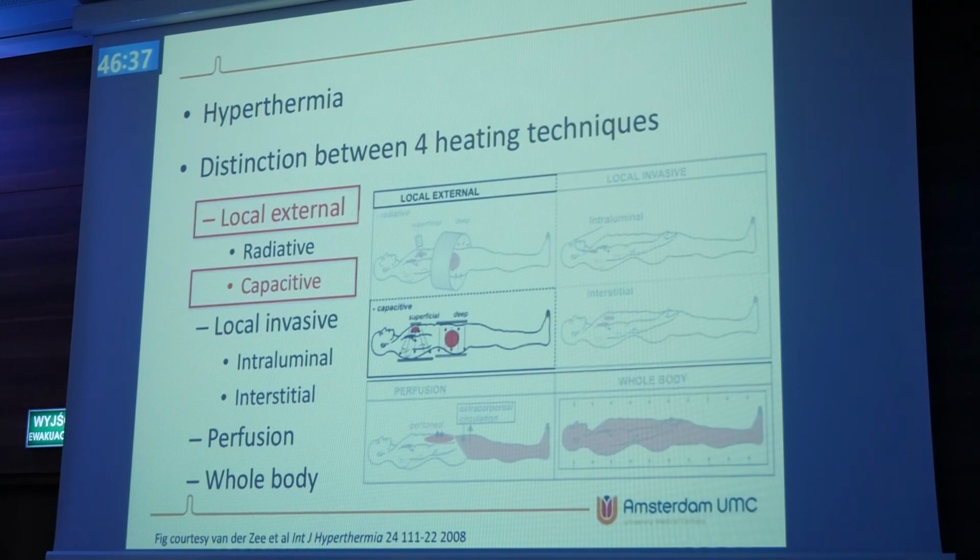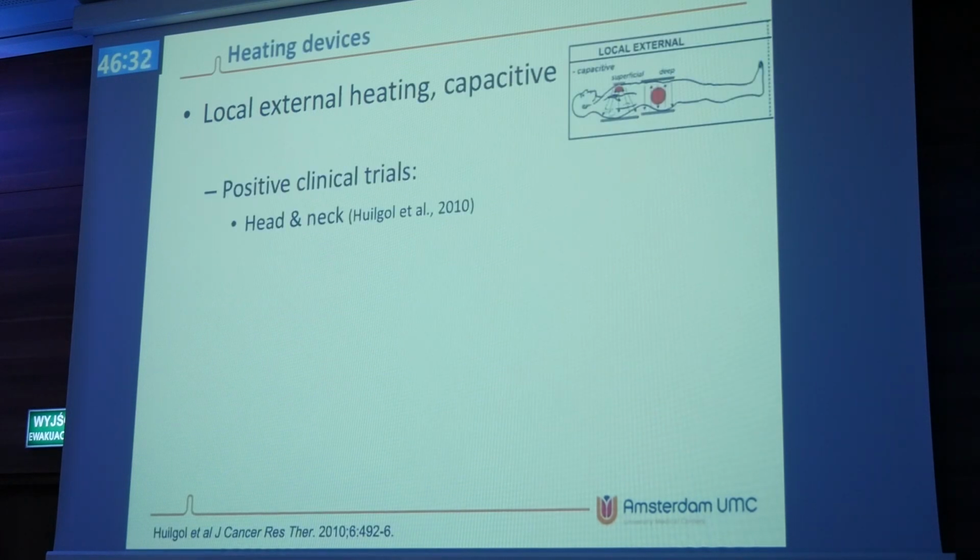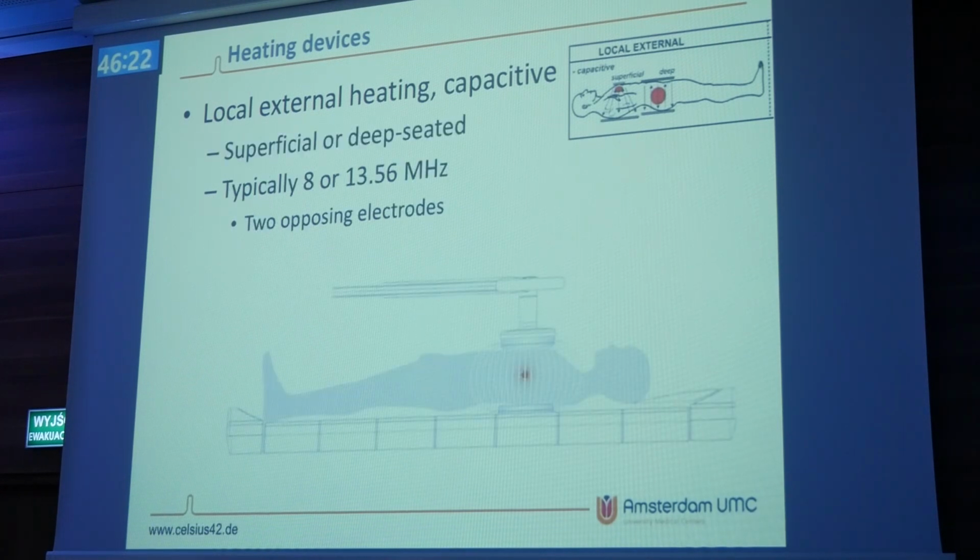The same can also be used with capacitive systems. So there have been positive clinical trials for those. The most recent one was the one for head and neck tumors by Hilgol. And basically these systems use 2 electrodes which are used at either side of the body.